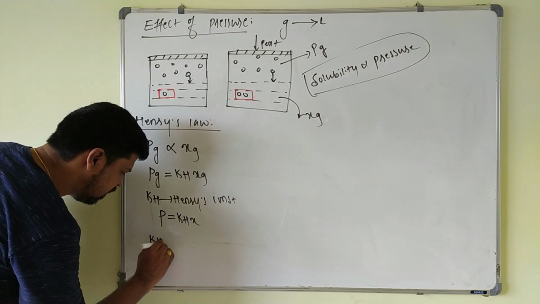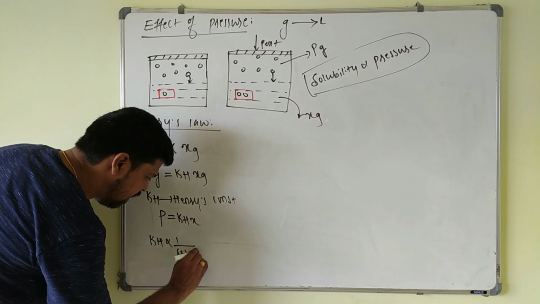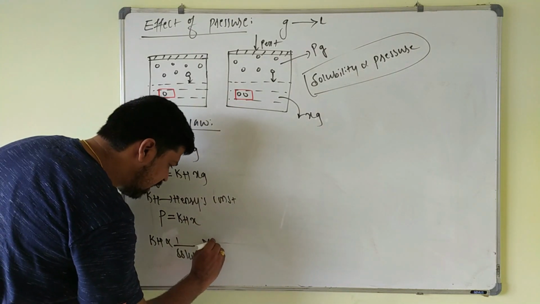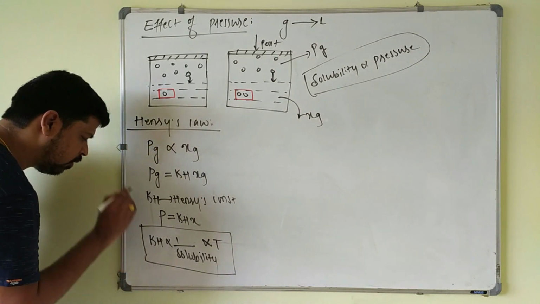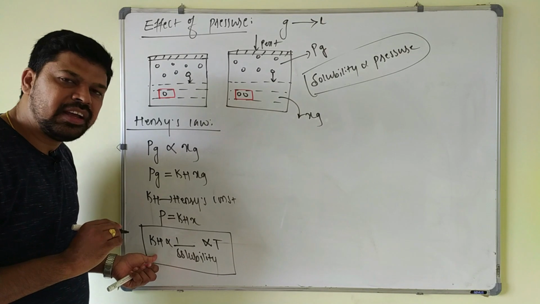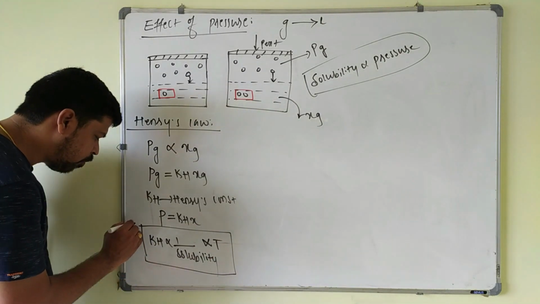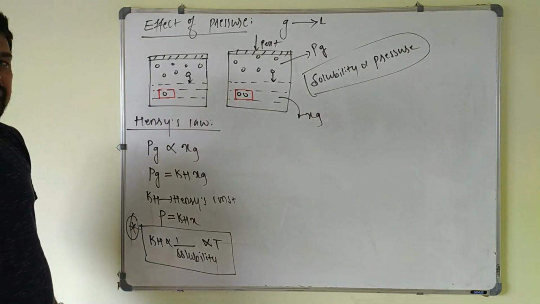This KH is inversely proportional to the solubility of gas. This is very important, and this is directly proportional to the temperature. Higher the value of KH, lower is the solubility of the gas in the liquid. Lower the value of KH, higher is the solubility of gas in the liquid here. This is a very important point to solve the problems. This one you have to keep in mind.